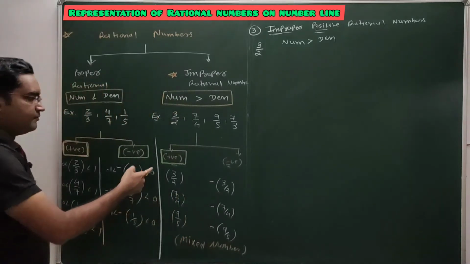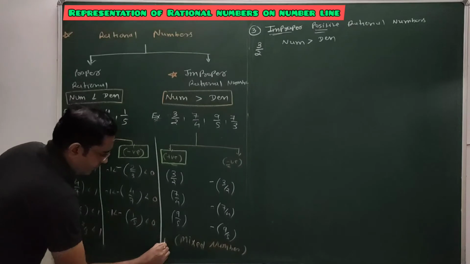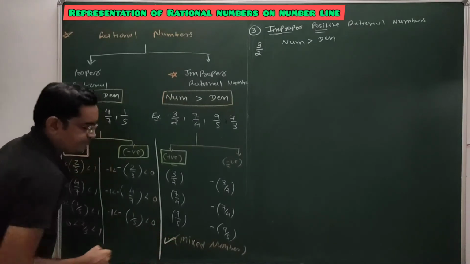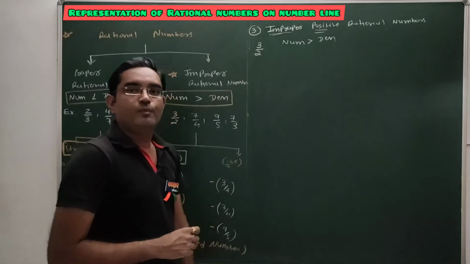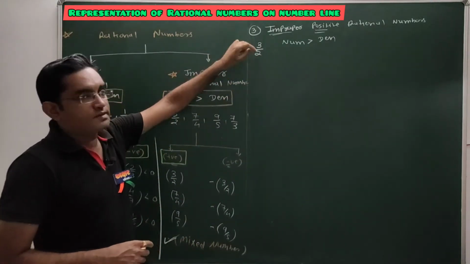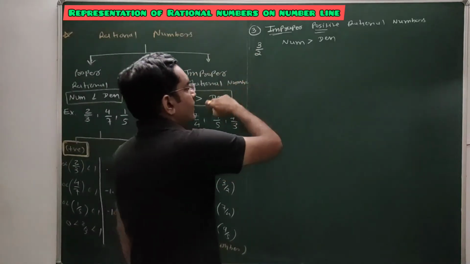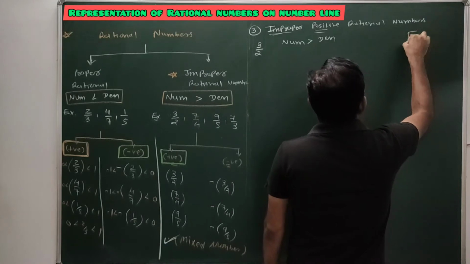So I told you that first we have to convert these improper rational numbers into mixed numbers. Here the given improper rational number is 3/2. So first we have to find the equivalent mixed number for this 3/2.